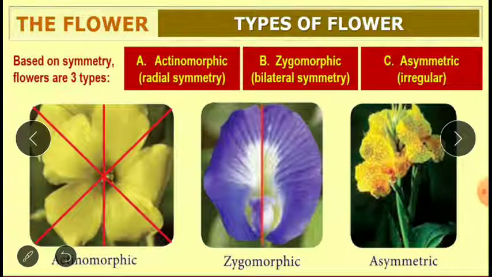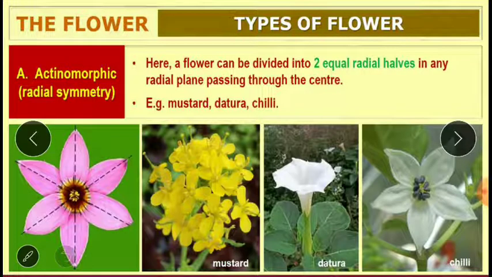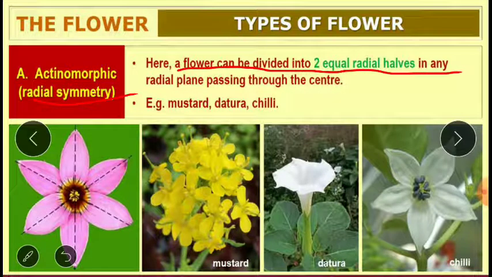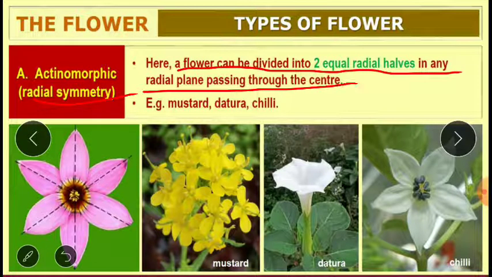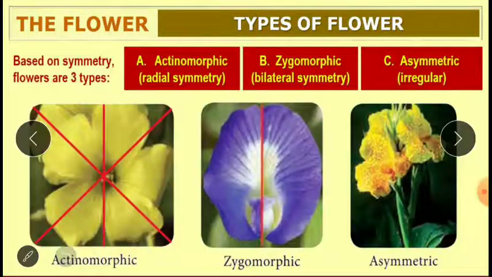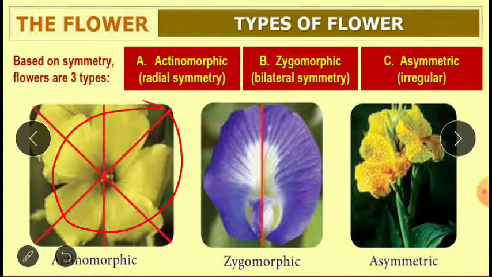Actinomorphic flowers are those which have radial symmetry. That is, a flower can be divided into two equal radial halves in any radial plane passing through the center.